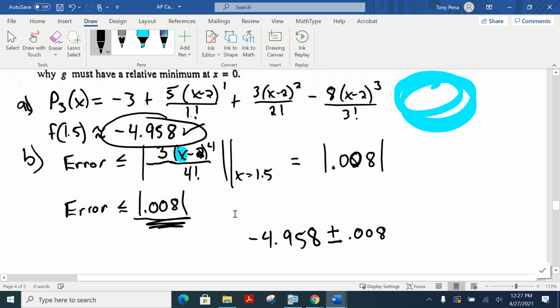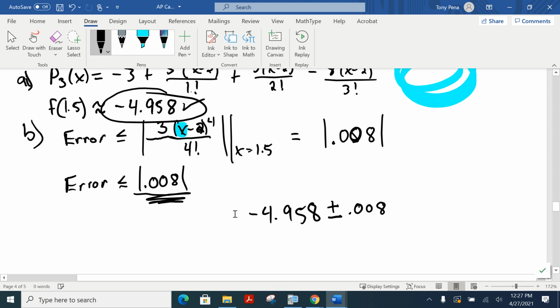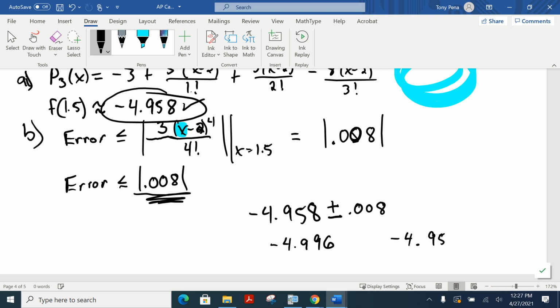If you then evaluate those, this should give you a negative 4.996. The big end would give you a negative 4.950. Okay, so write that down, make sure we understood this. So this was our approximation.